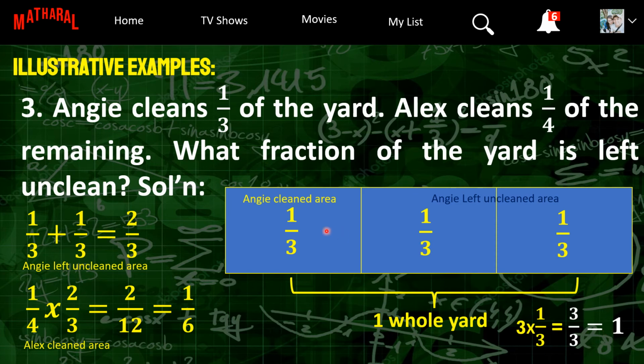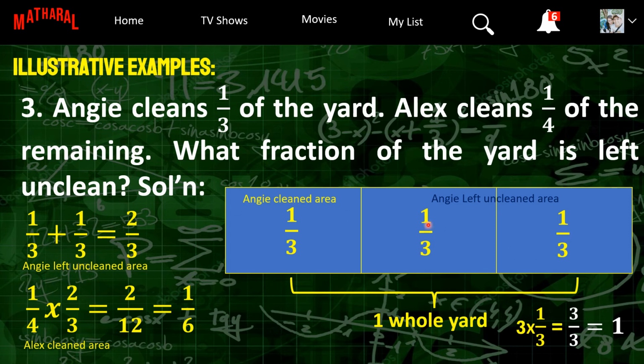So, yan po siya. So, meaning to say, ito lamang yung part na nalinis ni Angie, yung 1/3 na yan. At itong dalawang ito ay ang hindi nalinis ni Angie. Yan po. At sinabi rito, Alex cleans 1/4 of the remaining. So, ito yung natira. Itong 1/3 and 1/3 na ito.